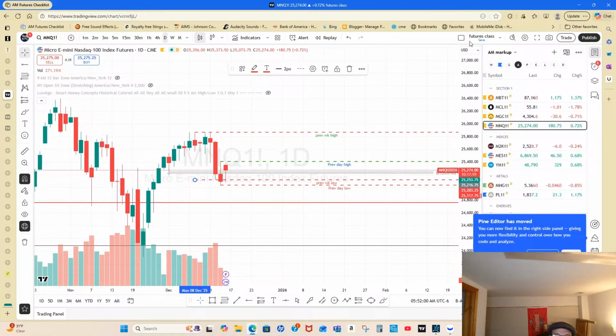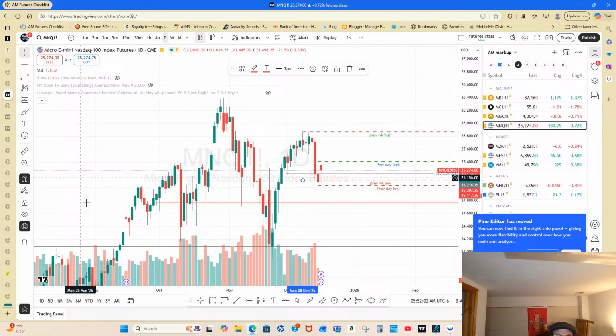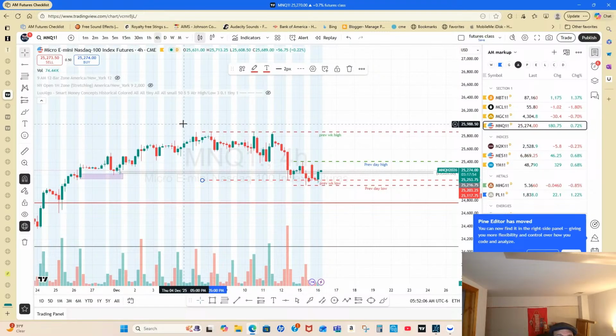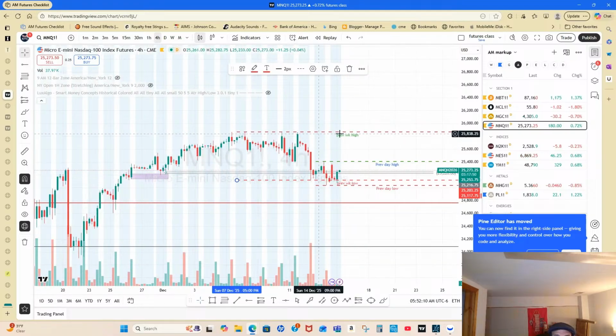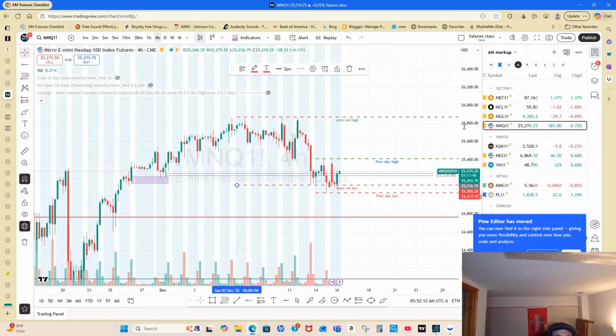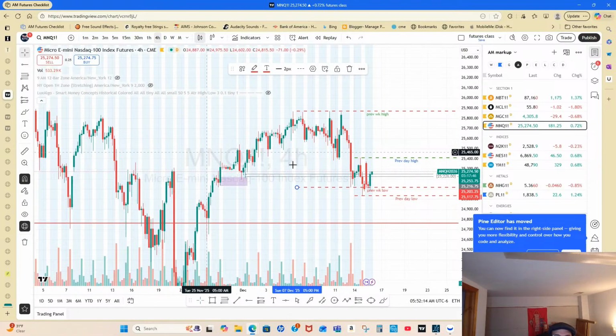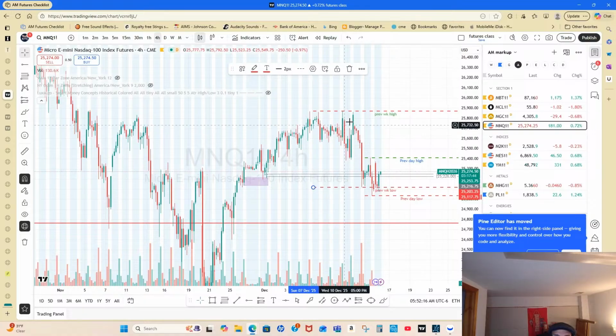Because what we're doing is we're looking at this. This is what price has done day to day. And now we're looking at the 4-hour window, and I'm looking for zones of activity. Like I can see here, there was this that set off these buyers here.